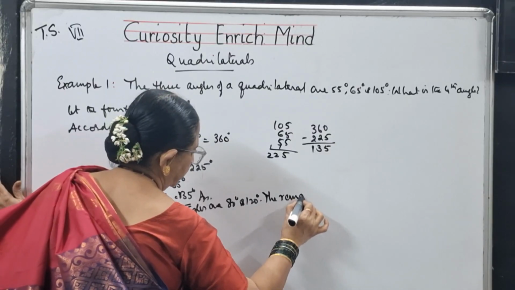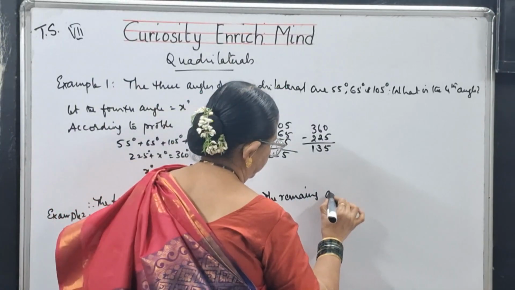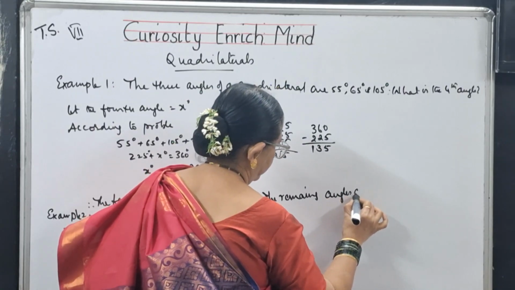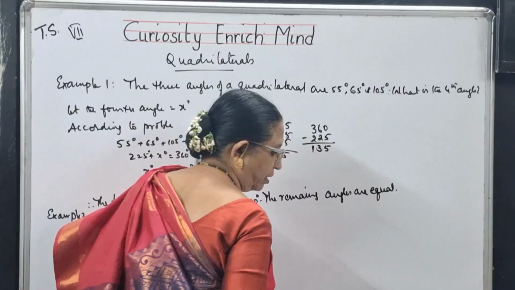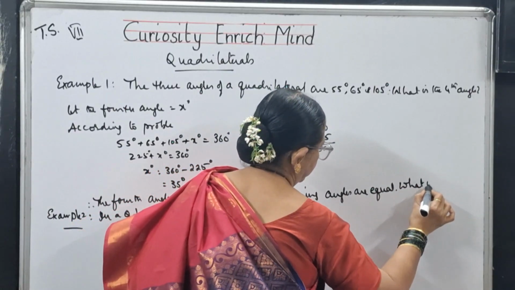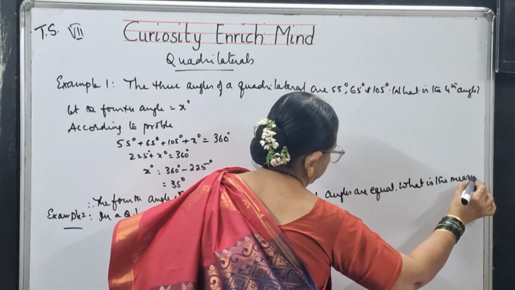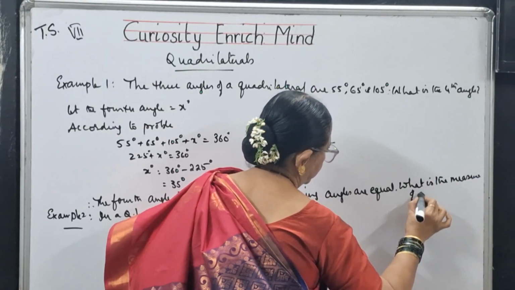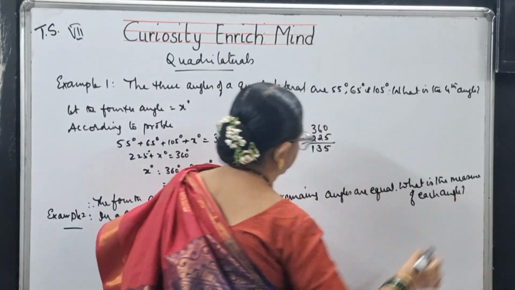The remaining angles are equal. What is the measure of each angle? This is the question, children.